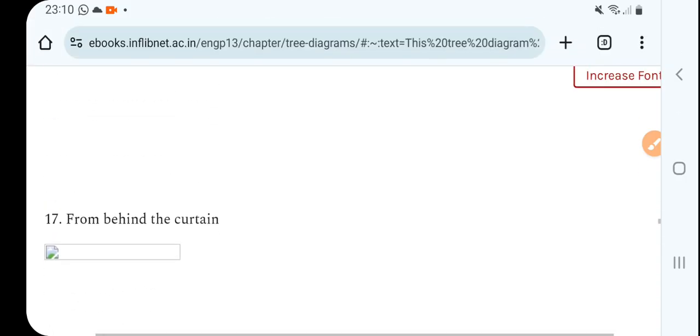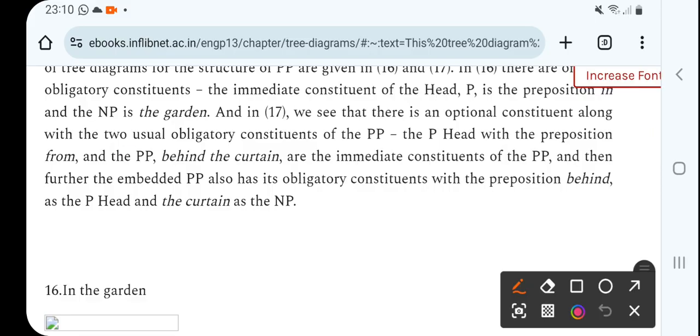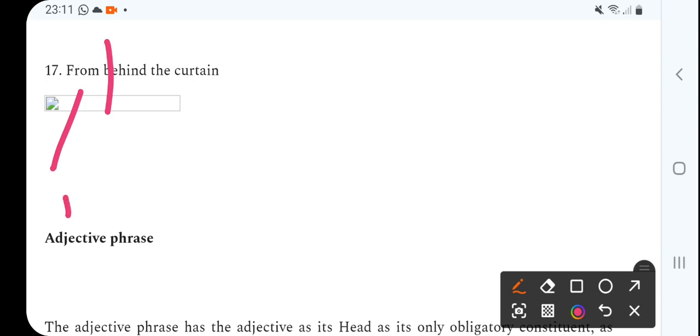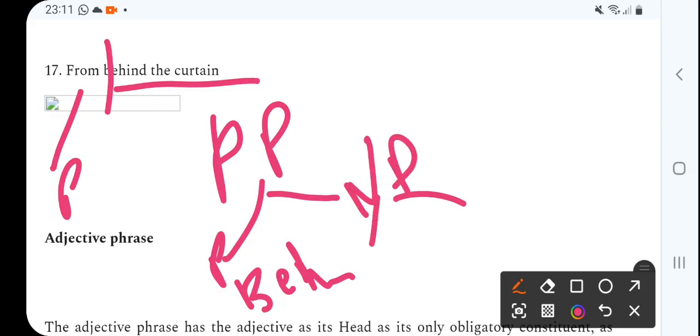From behind the curtain: from is the preposition, and behind the curtain is a PP, where behind is the preposition, followed by a noun phrase.